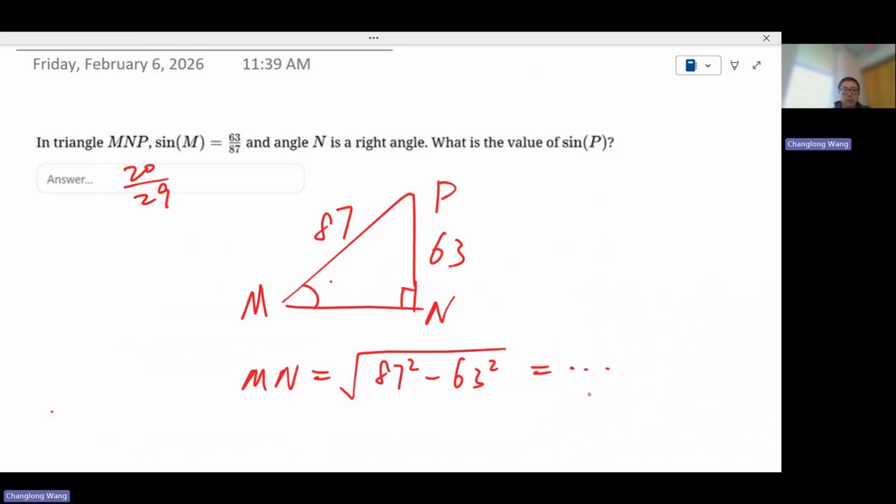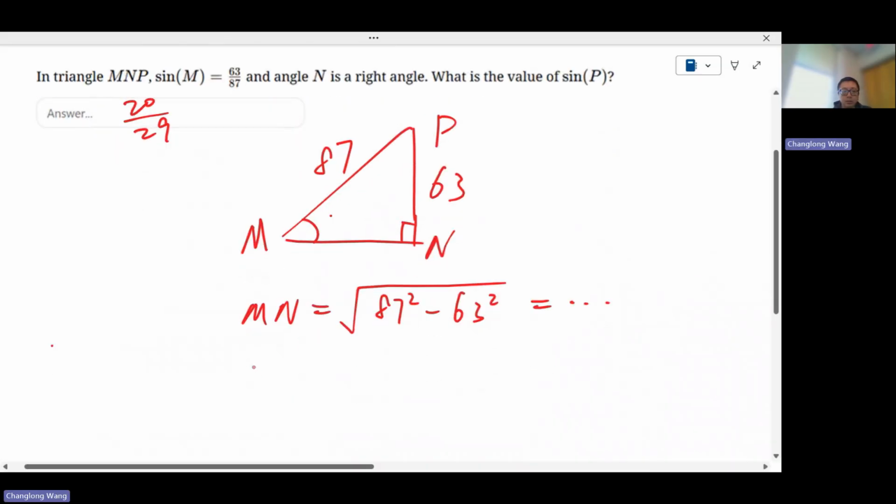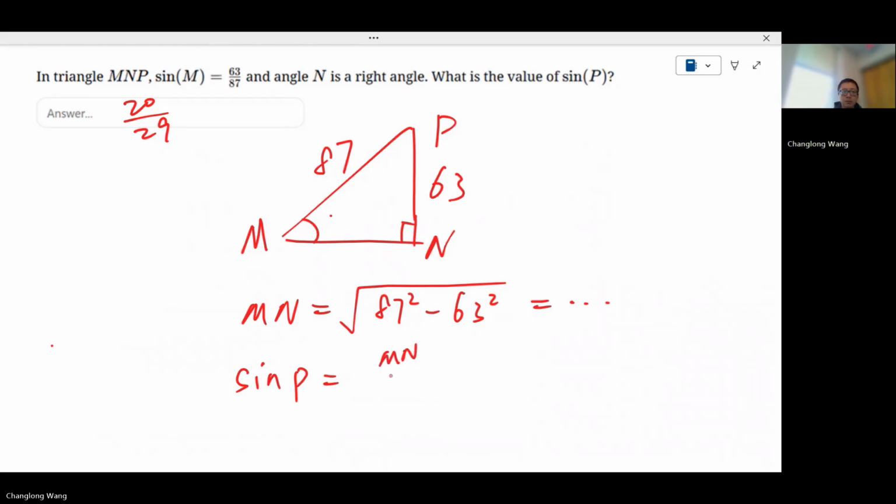Then you get whatever it is, and you then do sine P, which is again the opposite, which is MN, over MP, so whatever it is over 87, and surprisingly, it's simplifiable. So it'll be 20 over 29.